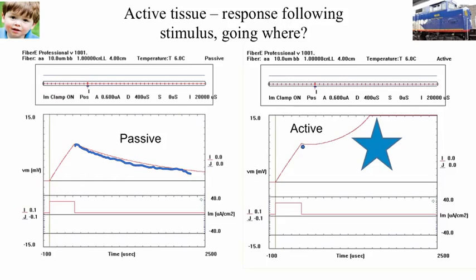What happens is at the end of the stimulus, there's this little resting period, and then the potential goes up and up and up. It's just totally different. And that's why I put this asterisk here, the star here, to bring your attention to the fact that when the stimulus is over, active tissue is off and running and doing its own thing.